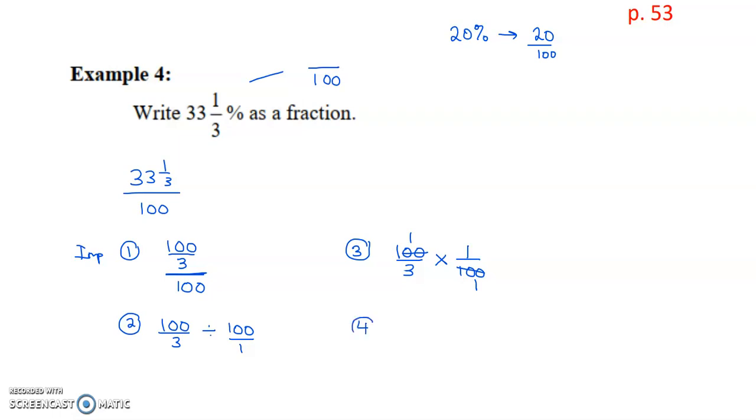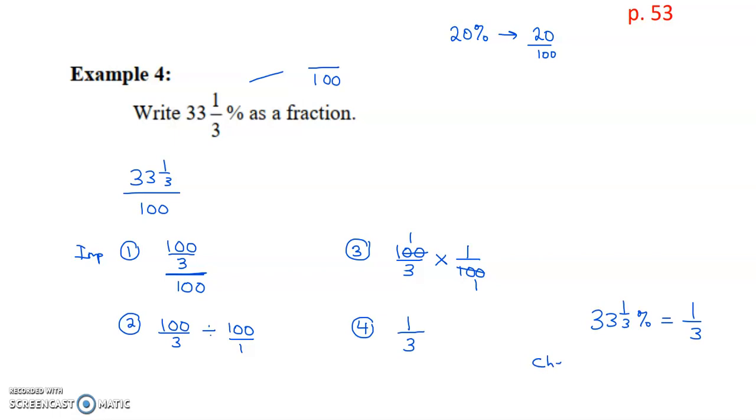Step 4 is to actually multiply numerators times numerators and denominators times denominators. And so we're going to end up with 1/3. Our fraction will be in lowest terms. So 33 1/3% as a fraction is equal to 1 over 3.